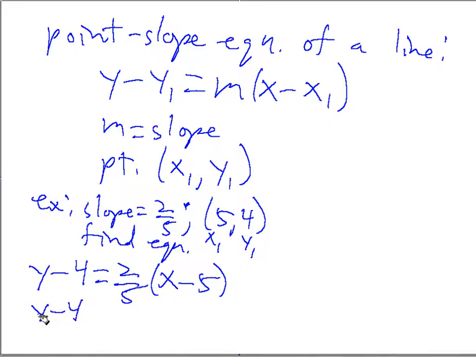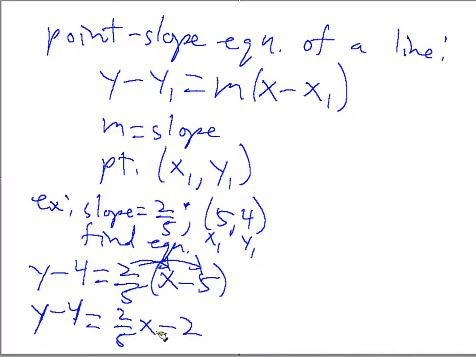So y minus 4 is equal to 2/5 times x, 2/5 x, then 2/5 times negative 5. The 5's cancel out, so that's minus 2, 2 times 1.